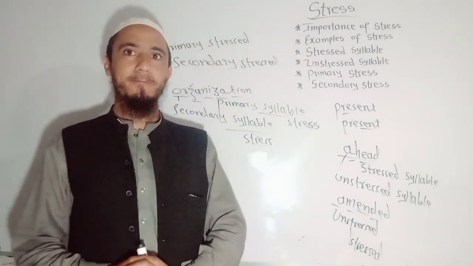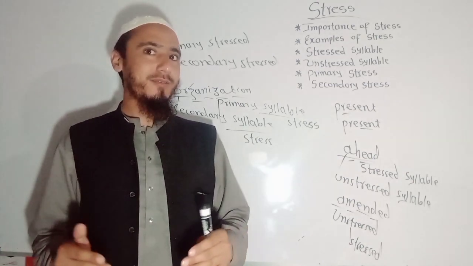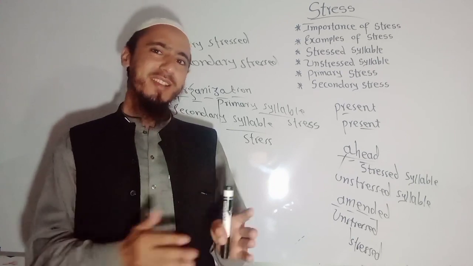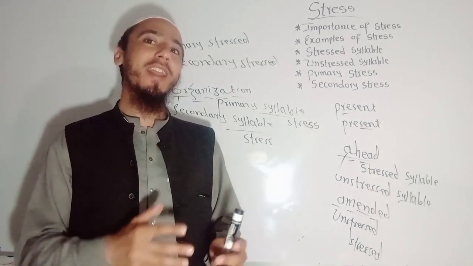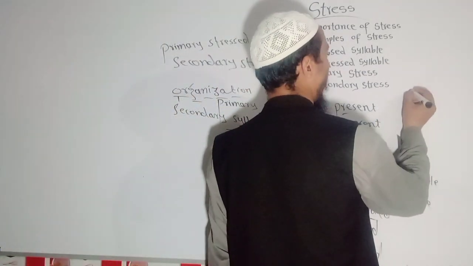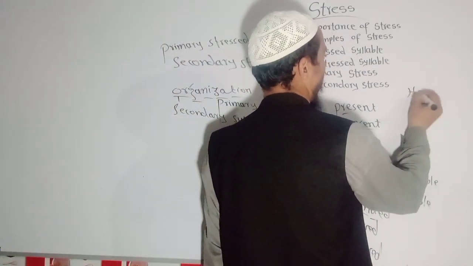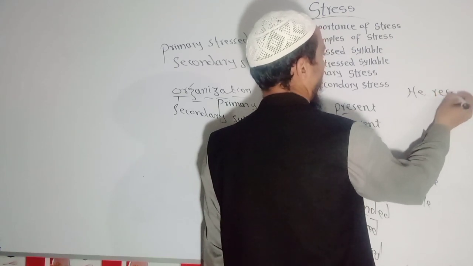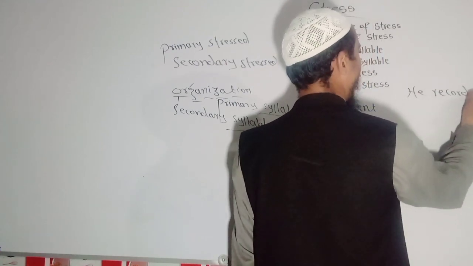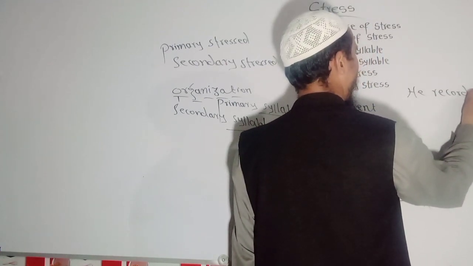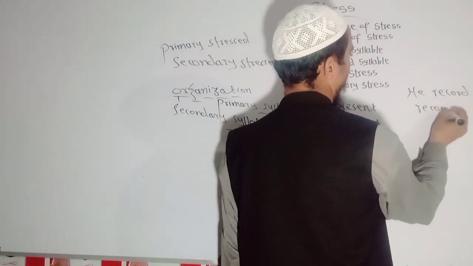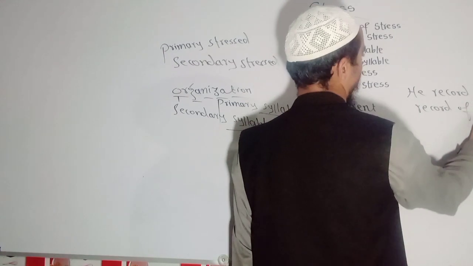Listeners and audience, there are some words in which stress works at word level. It means that stress can be at word level. One example I am presenting: He records the record of the class.